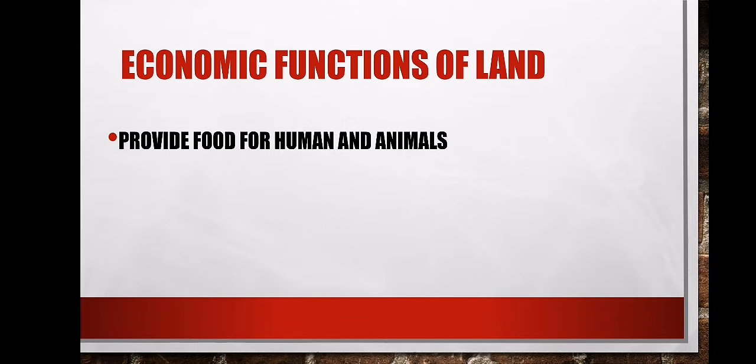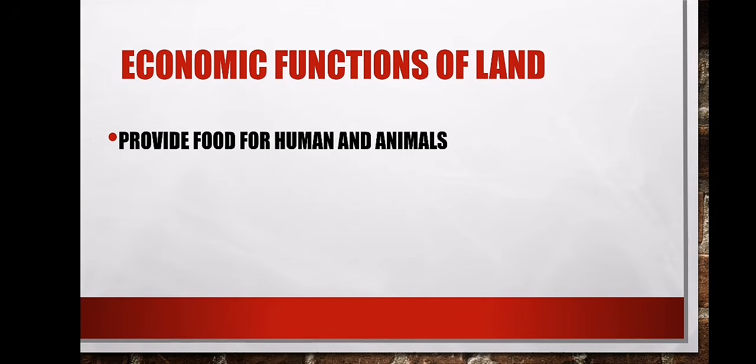There are plants on land, and those plants will be eaten by animals, which means animals directly benefit from land. We as humans can also eat the animals that have eaten the plants. So the first function: land provides food for both humans and animals.